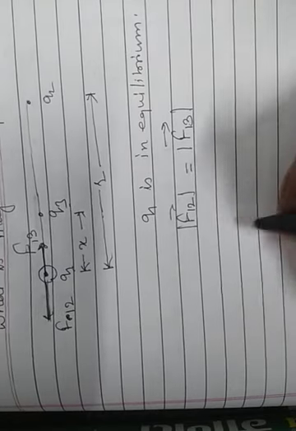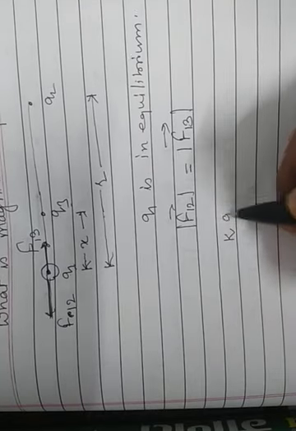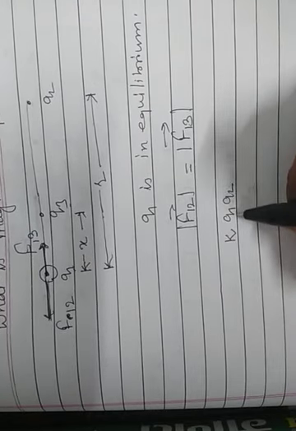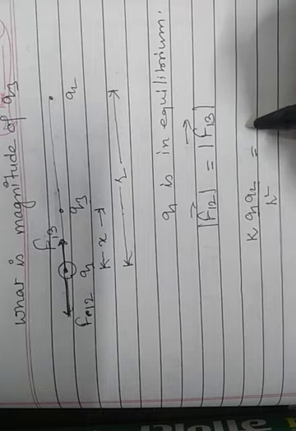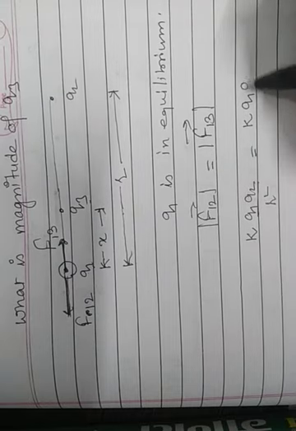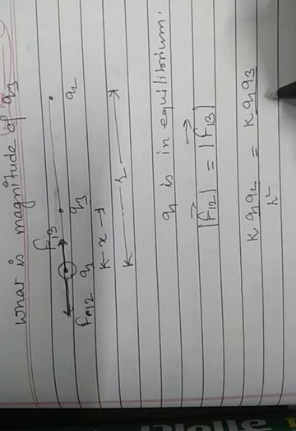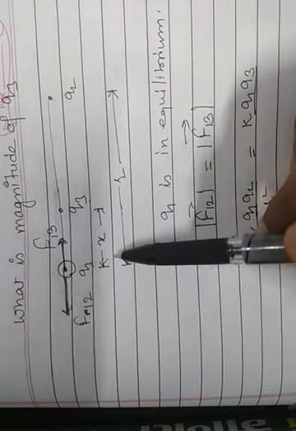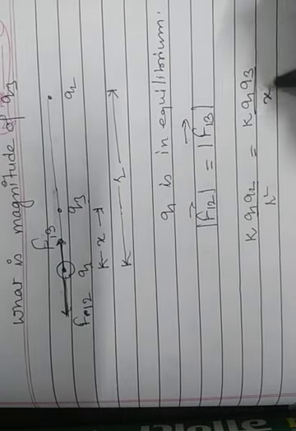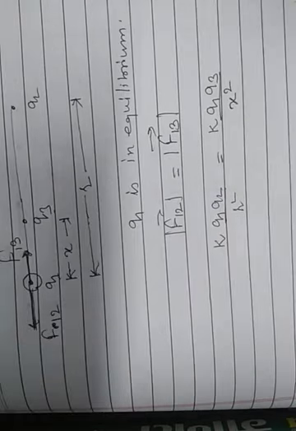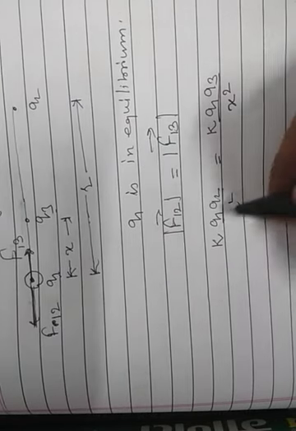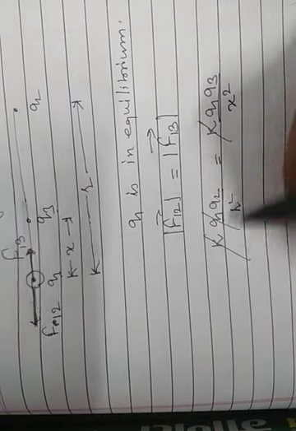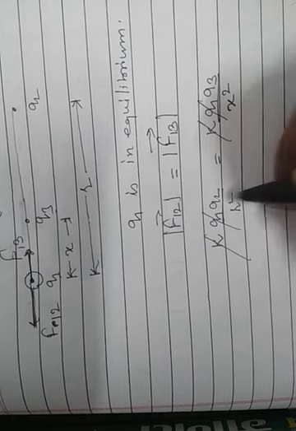Now F12 is equal to k Q1 Q2 upon the distance between 1 and 2, which is R, so it is R square. F13 is k Q1 Q3 upon the distance between 1 and 3, which is x. Already we had calculated the value of x, that is 2 upon 5R. Now k and k will get cancelled, Q1 and Q1 will also get cancelled.